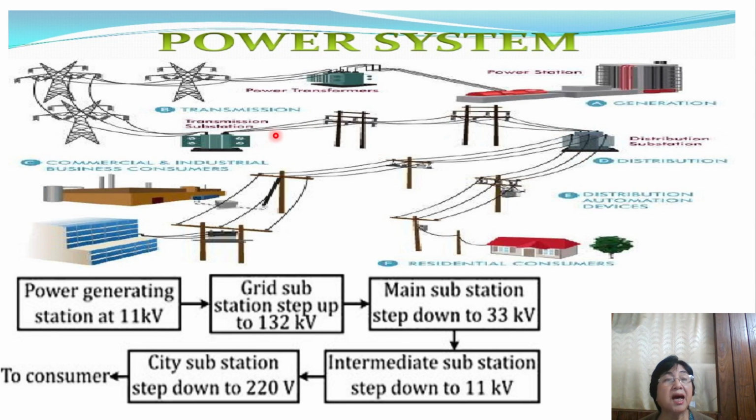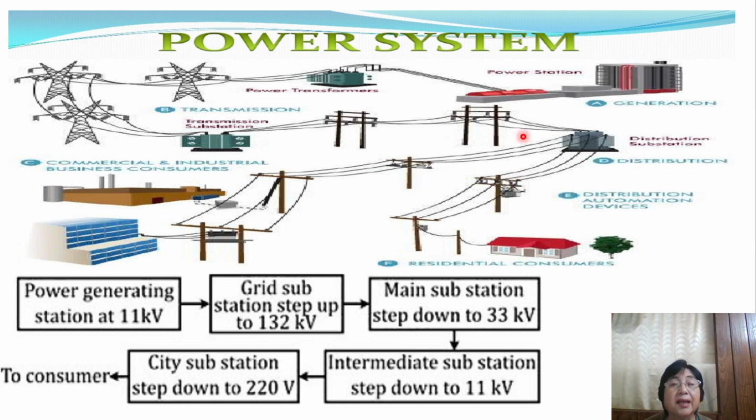But not through high tension wires anymore; these are the line wires. It is at the main substation where it will be reduced to 33 kilovolts. From here, the big factories and the big industries will take it at 33 kilovolts.